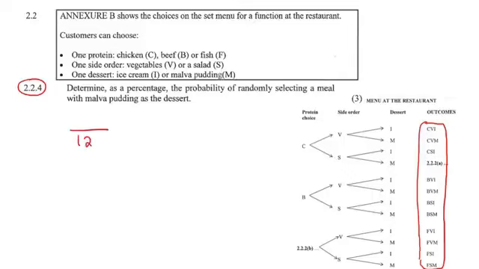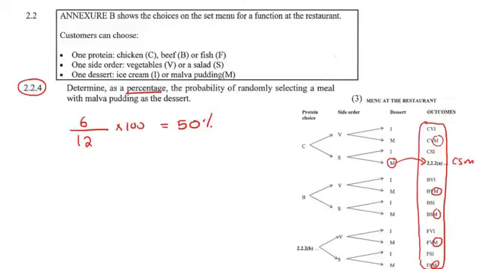So out of the 12 different options, how many have malva pudding? Well, there's 1. This one would have been a malva pudding over there because that one was CSM. So that's 2, 3, 4, 5, 6. 6 out of 12. If you multiply that by 100, because we would like it as a percentage, that would be 50%.